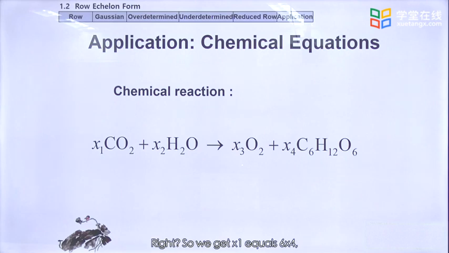So we get x1 equals 6x4, and 2x1 plus x2 equals 2x3 plus 6x4, and also 2x2 equals 12x4. Okay, so for this chemical reaction, in order to get equilibrium, you will solve a homogeneous linear system.